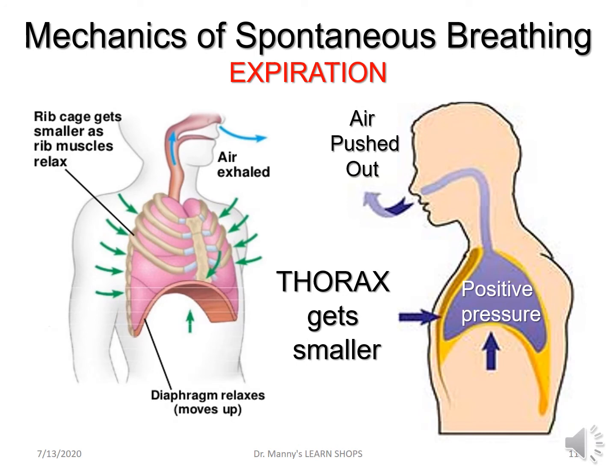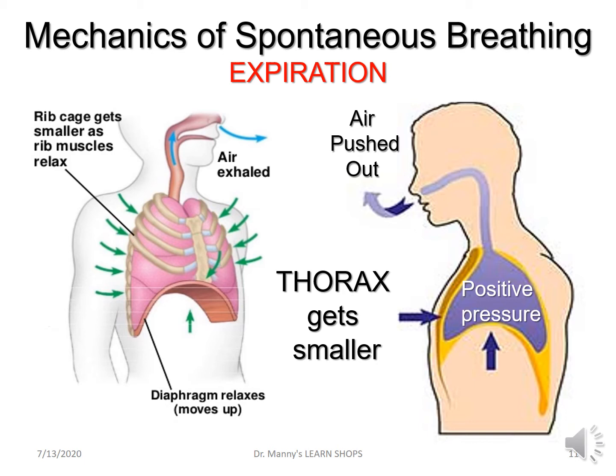How do we expire then? Expiration, what has to happen is the lungs create a positive pressure which is higher than atmospheric pressure, and air is subsequently pushed out. How does this happen? Well, this is passive. It just happens when the diaphragm relaxes and moves up.